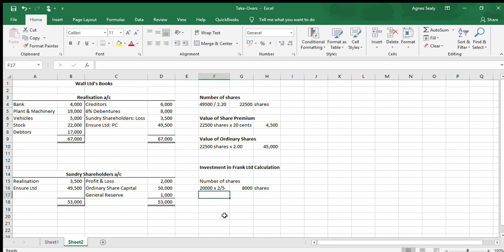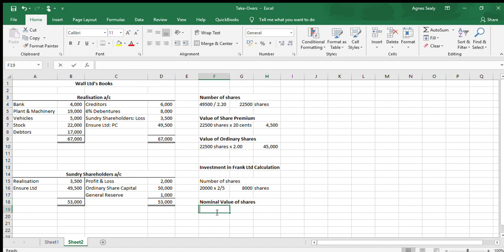So then we have to find out now what is the nominal value of the shares, which is what we did with Wall Limited when I calculated the value of the ordinary shares. So we're going to calculate now the nominal of the shares.